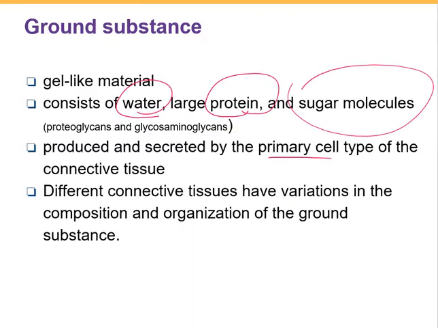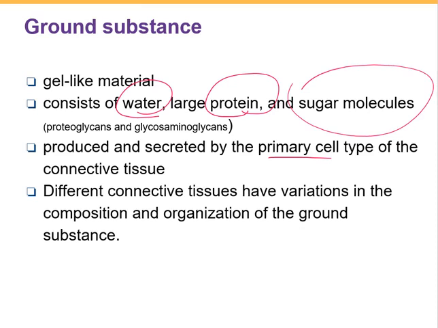Okay, so now, different types of connective tissue have variations in how their ground substance is composed and organized. This means that the gel-like material might be thicker or thinner, depending on where it's found and what its specific job is in that tissue.